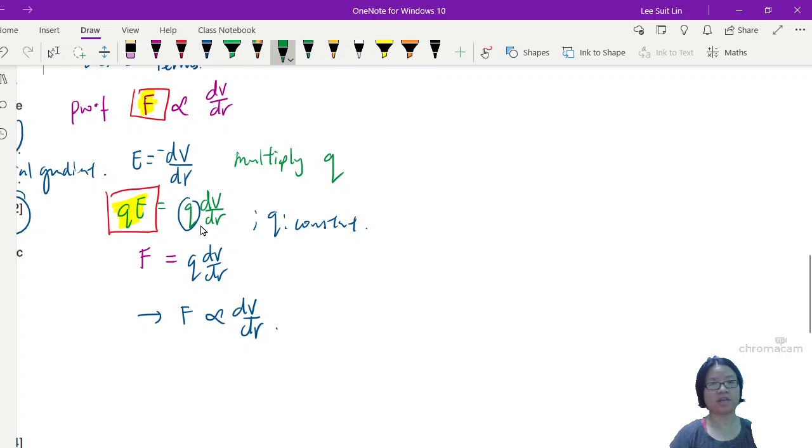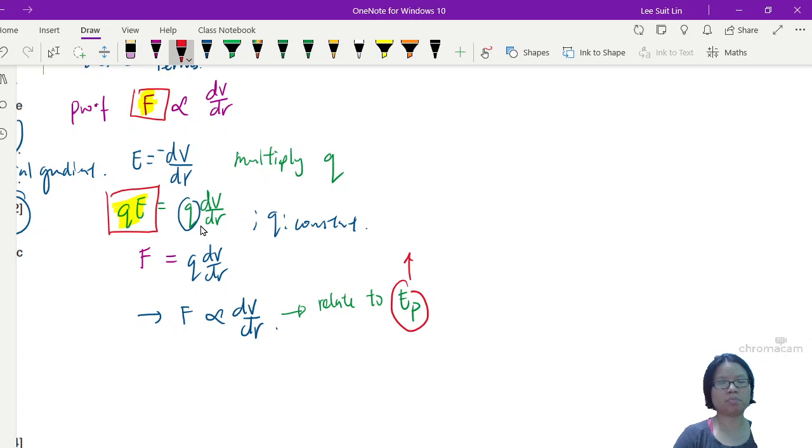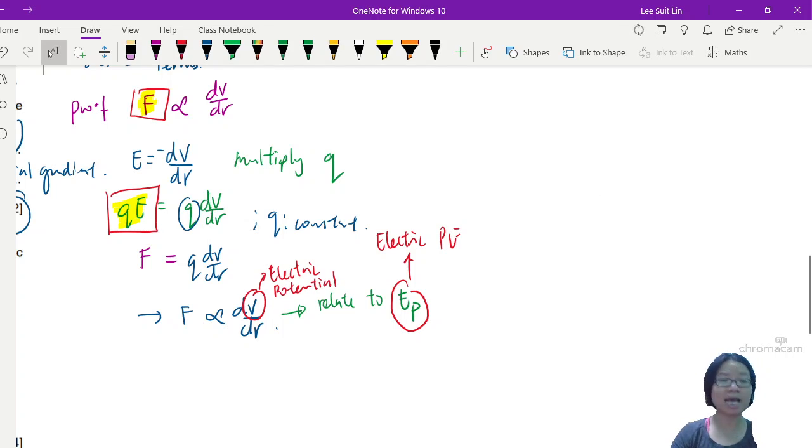So this is not the end. We still need to relate to potential energy. So again, if you are very lost, this is electric PE, and this one is electric potential. Is there an equation that relates electric PE and electric potential?